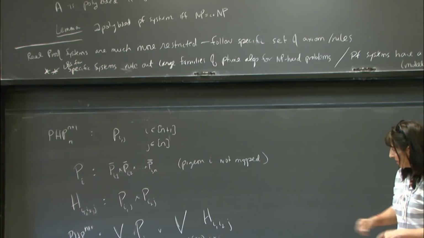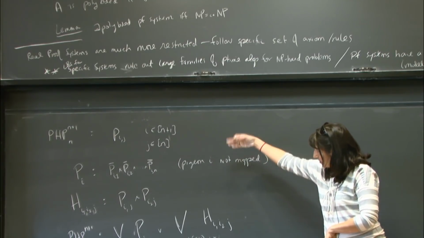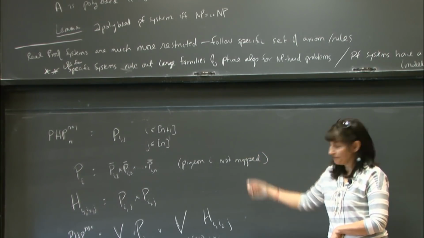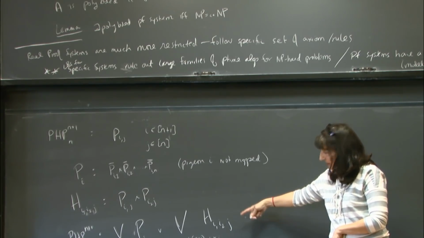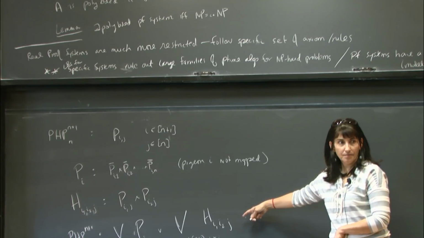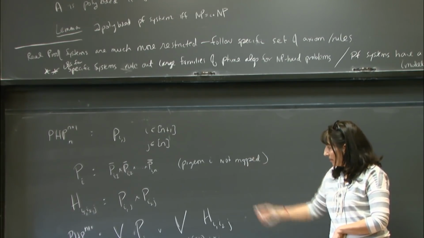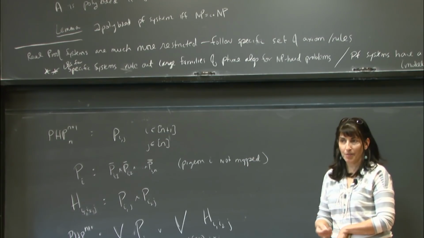Okay, so that's the formula. And it's a family of formulas, one for every n. The size of it is something like n to the third, and the number of variables is something like n squared, so it's all polynomial in n.